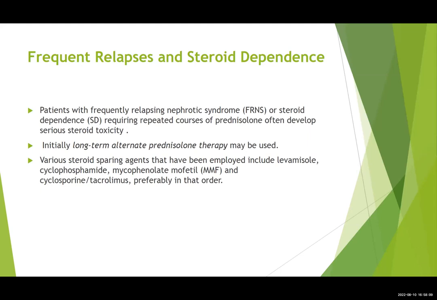That means if the patient has frequent relapse or steroid dependence, you have to check for the signs of steroid toxicity, for example growth failure, proximal myopathy, diabetes, osteoporosis, and check the eyes for cataract. Every patient with frequent relapse or steroid dependence may have steroid toxicity, so you have to check for that.